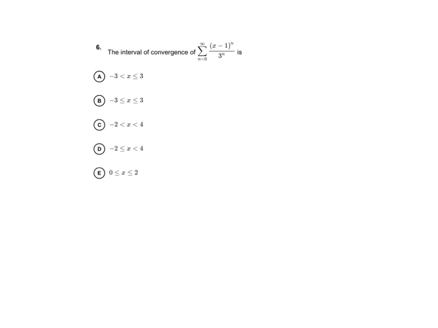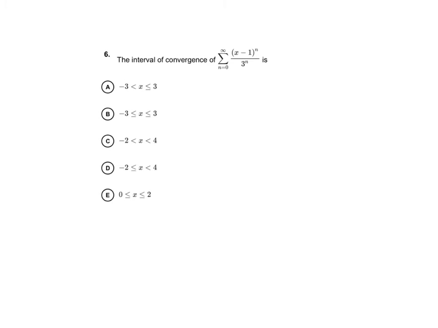Okay, this next one, interval of convergence. This is a geometric series, so at least the general term we can rewrite like that. Since this is geometric, something to the n, we can just put this between -1 and 1.